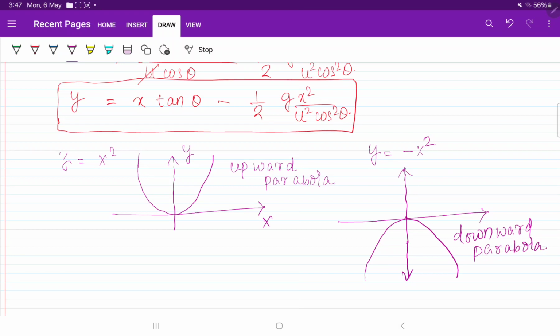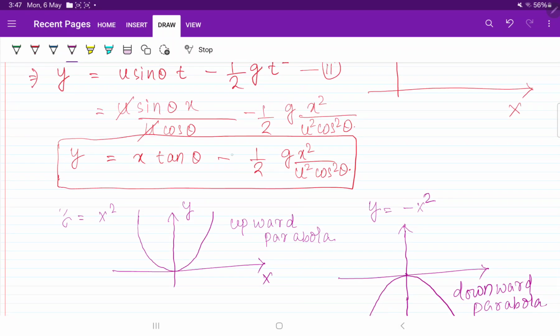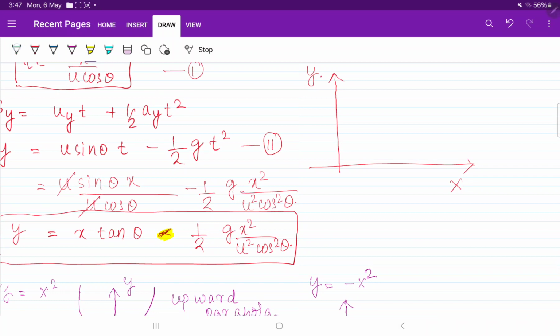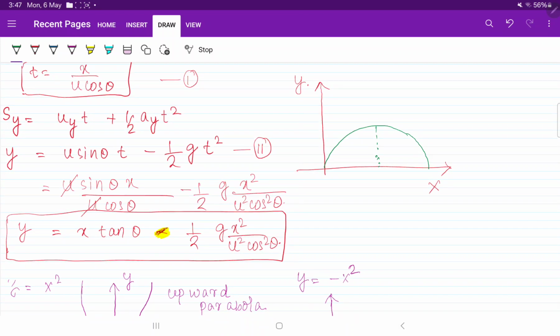Okay. So here also you can see that there is a negative sign in this case. You can clearly see this negative sign. So for this negative sign, the parabola will be downward. And we finally confirm mathematically that the actual motion of the projectile is parabolic in nature.